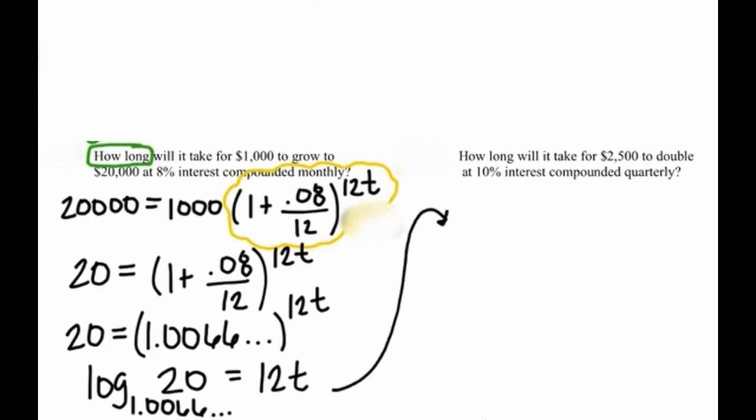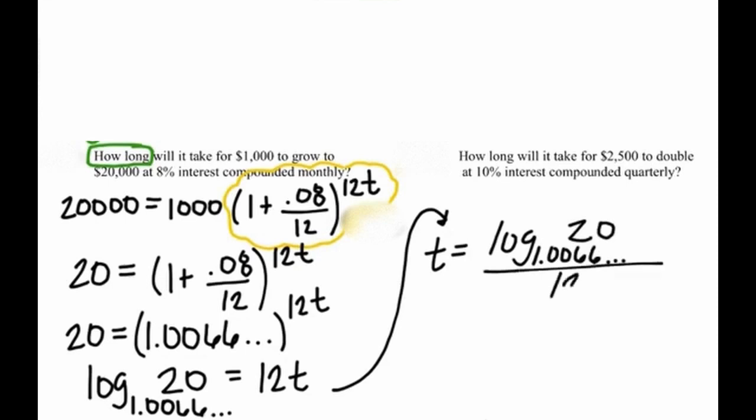And then we can just divide by 12. So t is going to equal log base 1.0066 ... of 20, all divided by 12.